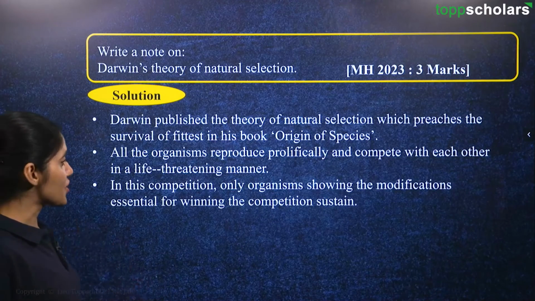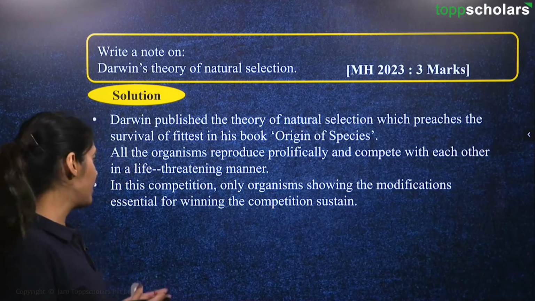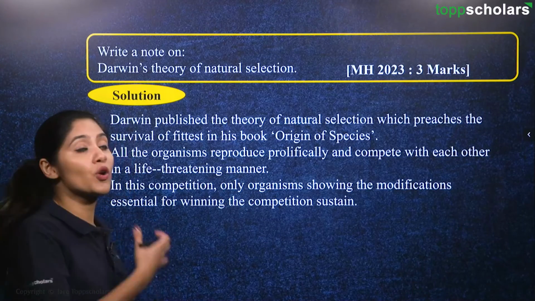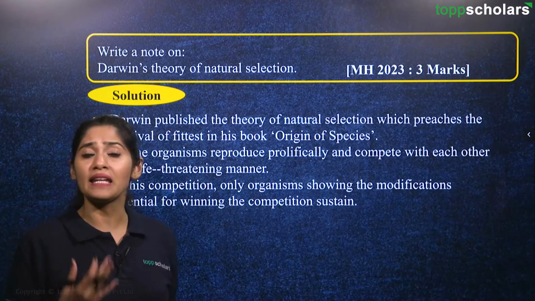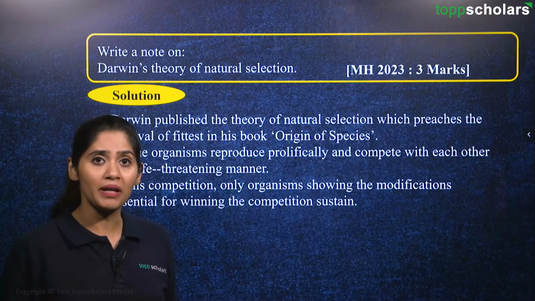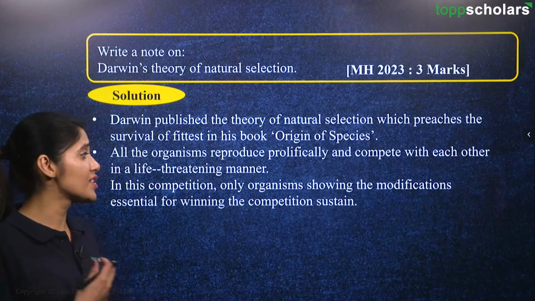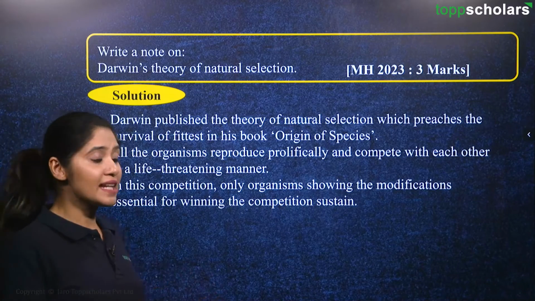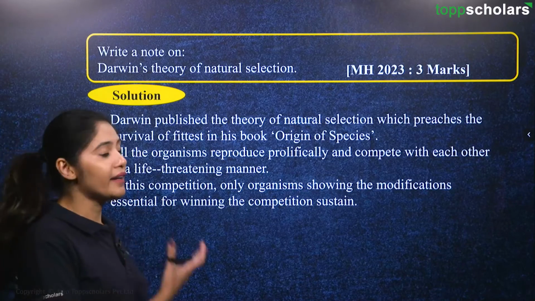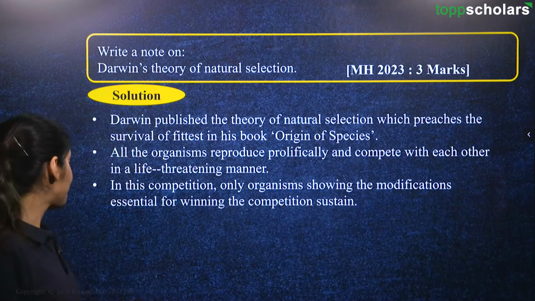In this competition, only organisms showing the modifications essential for winning the competition sustain. So during the process of evolution, there have been many changes in the atmosphere, in the surroundings, in our environment, and only those species which were able to adapt to that situation survived, and the rest of them perished, right?